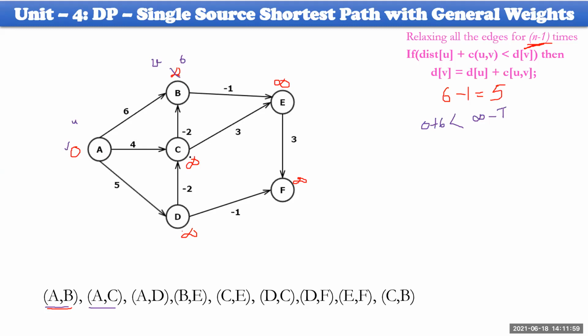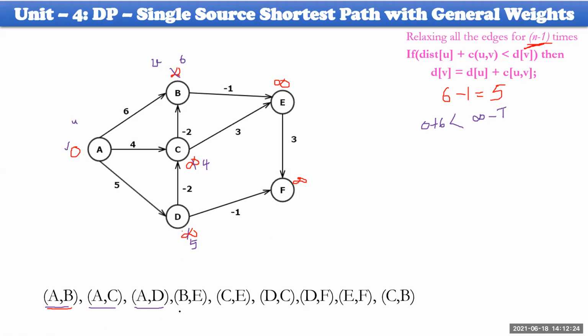Yes, it is true, so we modify it, which is 4 here. After that, the next one is A to D. The distance of A is 0, cost of A to D is 5. 0 plus 5 is less than infinity. Yes, it is true. Therefore, we modify it again.